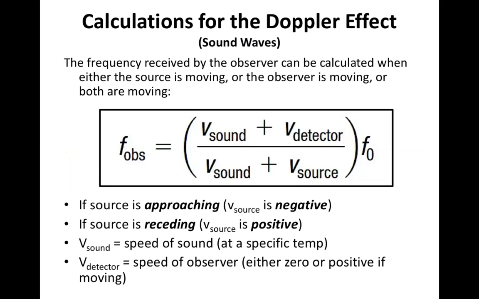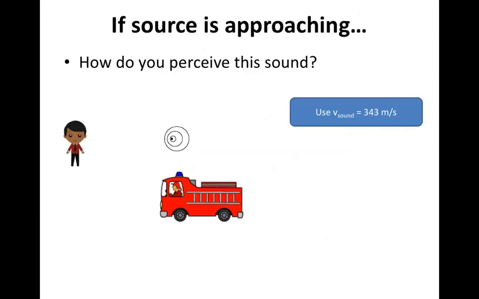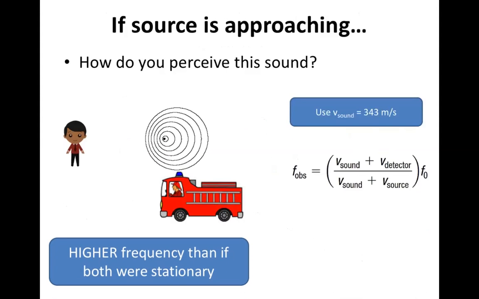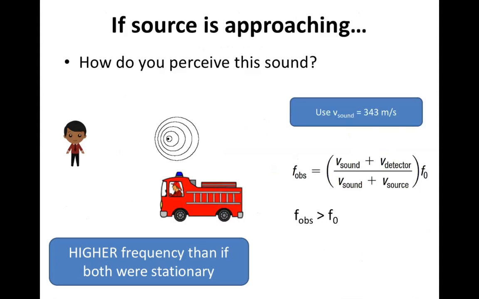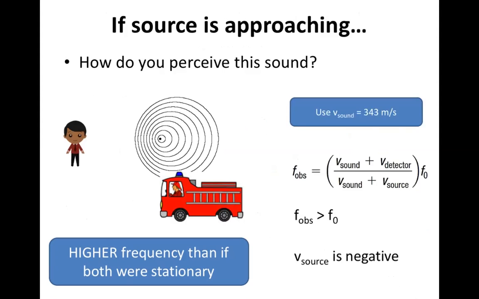But the original frequency might be multiplied by a number bigger than 1. If you get an observed frequency that's higher, that would be if the source is approaching you. If the source of the wave is going away from you, then this fraction here is going to end up being smaller than 1. So if the source is approaching you, you get a fraction that is bigger than 1. F observed is bigger than the original frequency.